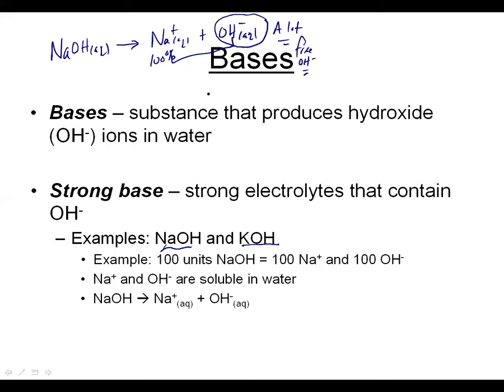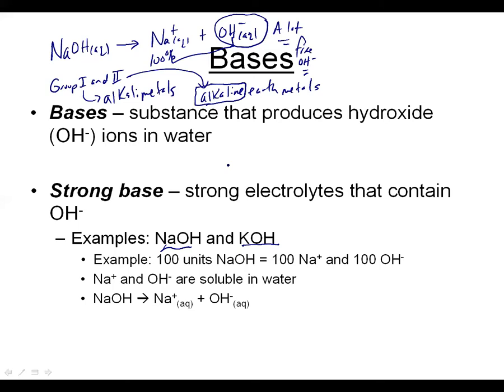When you look at group 1 and group 2 on your periodic table, group 1 is our alkali metals. Group 2 is our alkaline earth metals. The definition of alkaline is basic.